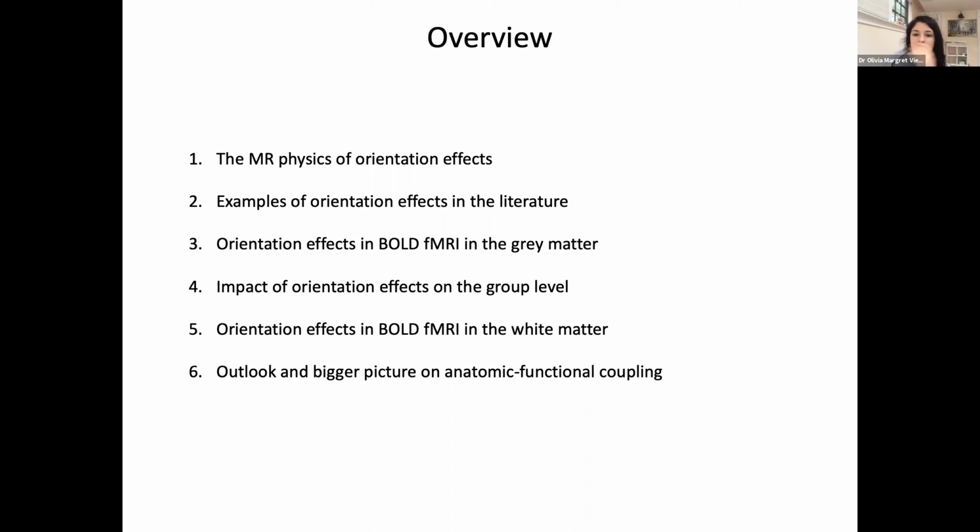I think there are a lot of neuroscientists and maybe neurologists in the audience. And as you may know, brain anatomy and development varies non-uniformly across subjects. So anatomy-induced biases will also do that on the group level. And then we will dive into the white matter results, and I'll finish off with a little bit of a take-home message and a bigger picture on this work.